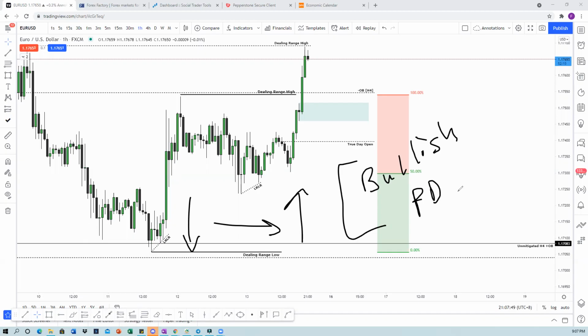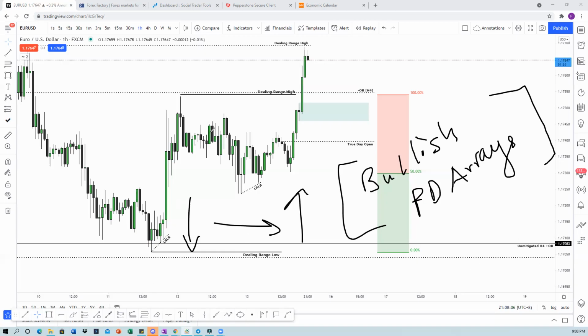These are the PD arrays that are going to work when you see a switch in order flow. When we are in bullish order flow, bullish PD arrays work. When we are in bearish order flow, bearish PD arrays work.